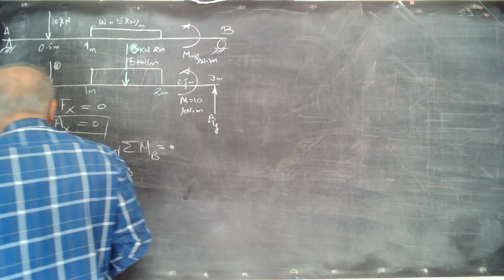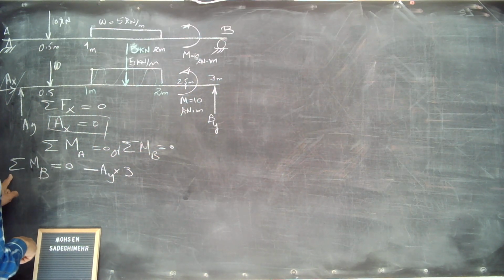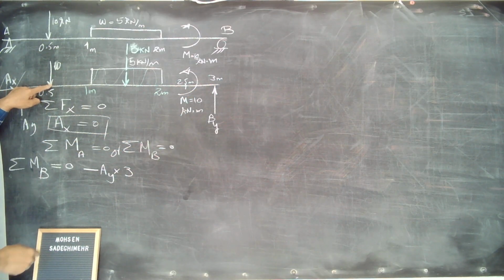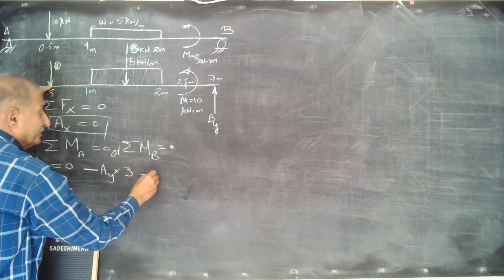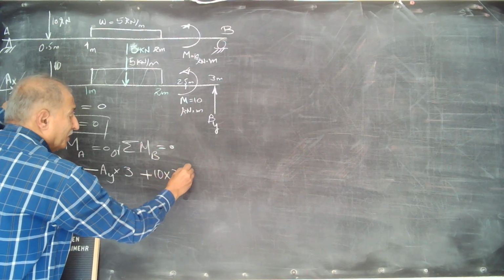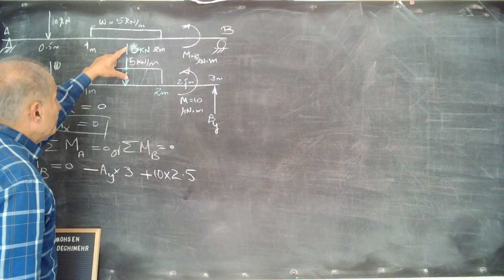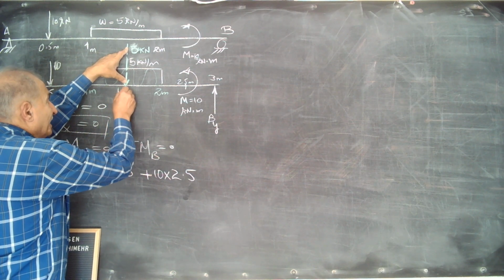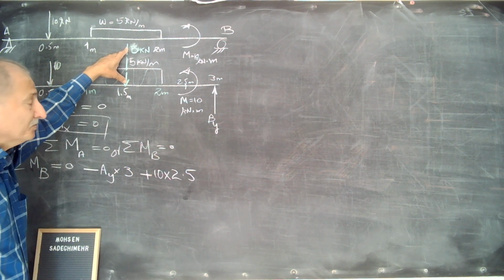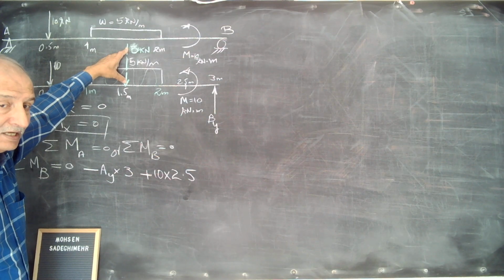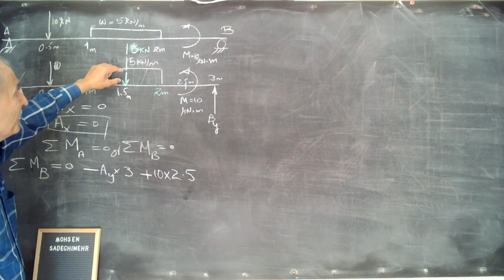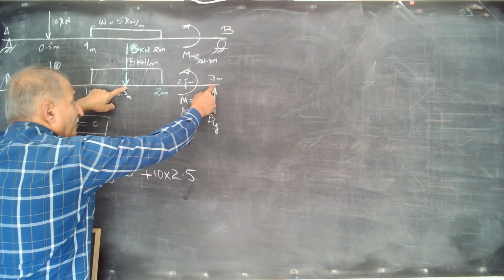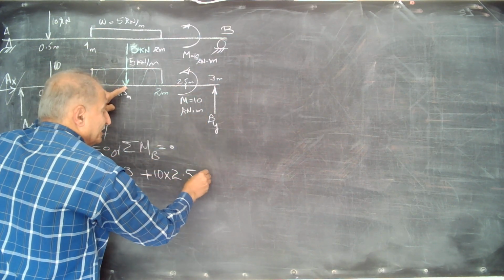Then Ay is clockwise, so I put a negative sign here. 10 times this distance, which is 2.5 meter, produces counterclockwise, then positive, 10 times 2.5 meter. And here the equivalent of the uniform distributed load will act at this point, exactly in the middle of the load, and is 5 times 1.5 meter from here and produces clockwise as well.